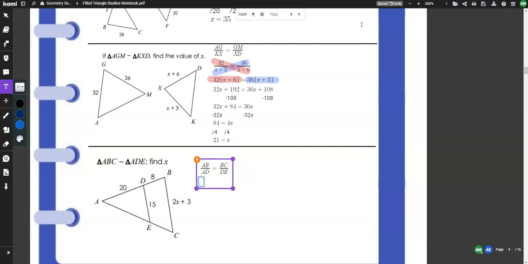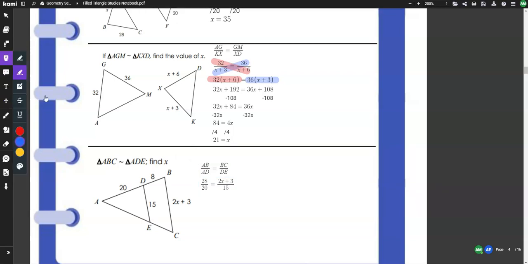So AB is 28, and I got that by adding 20 plus 8. And then, of course, AD is 20. Then we have BC, which is 2x plus 3 over 15, which is DE.